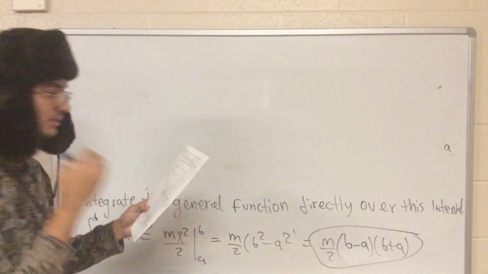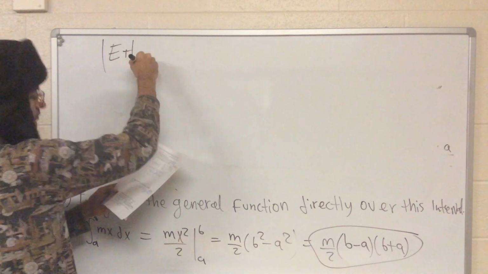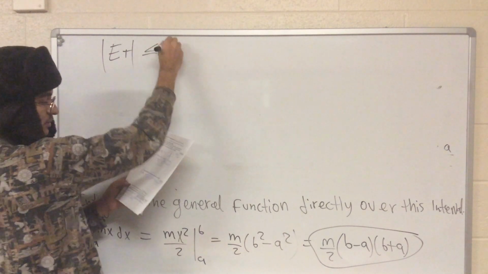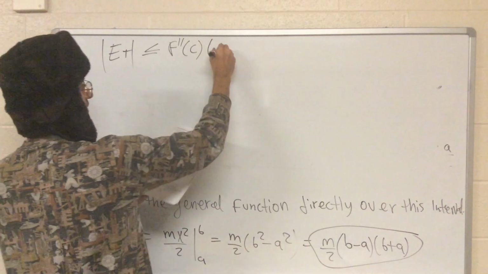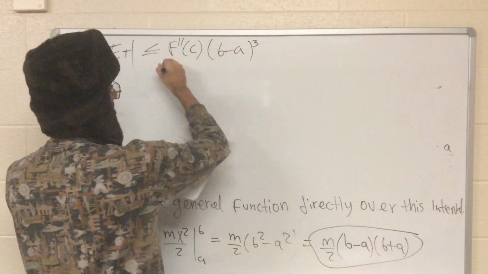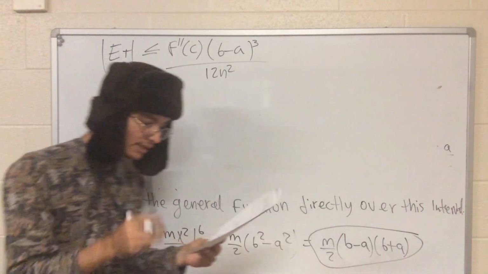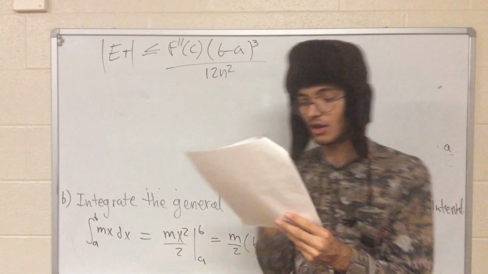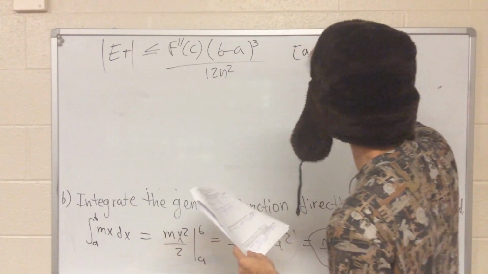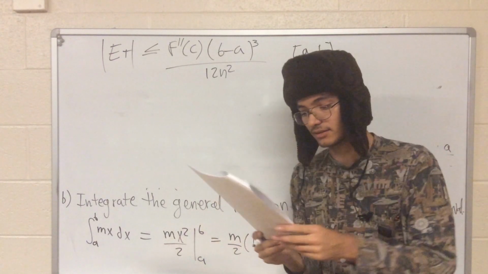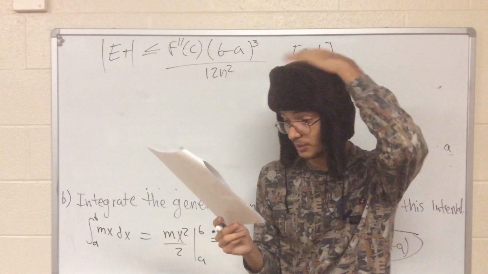The error formula for the trapezoidal rule is going to be like this: the absolute value of E of T is less than or equal to the second derivative at some point c multiplied by b minus a to the third power divided by 12n squared. This is the formula for the error, where c is chosen on the closed interval from a to b, and we're going to maximize the absolute value of the second derivative at this point.